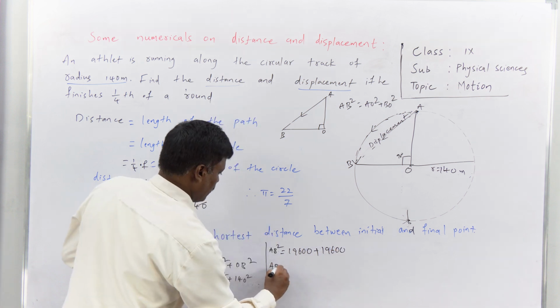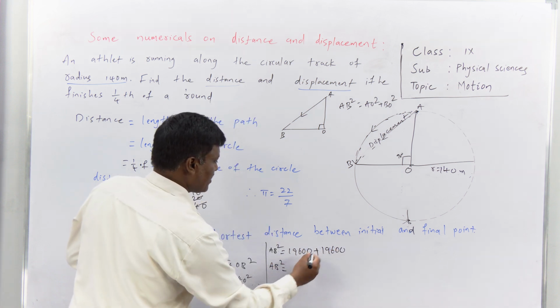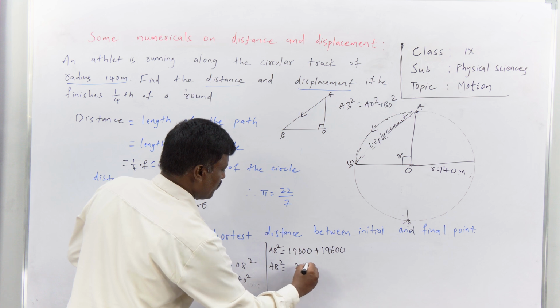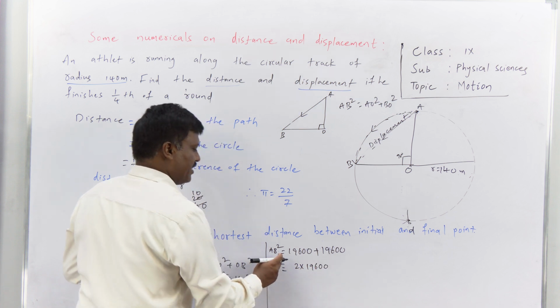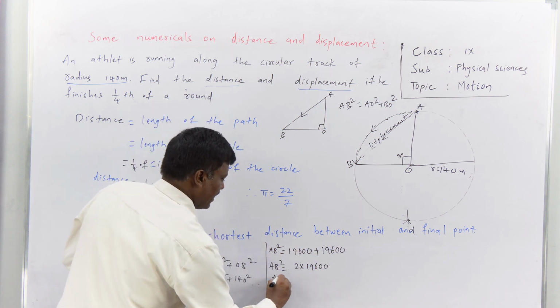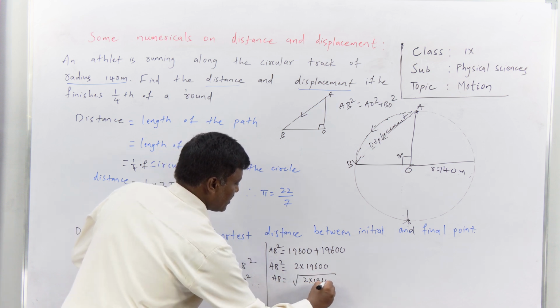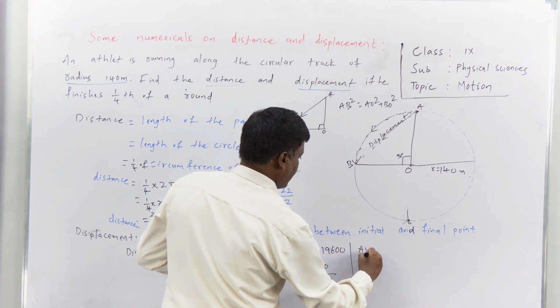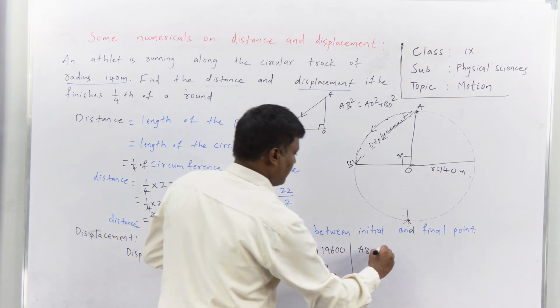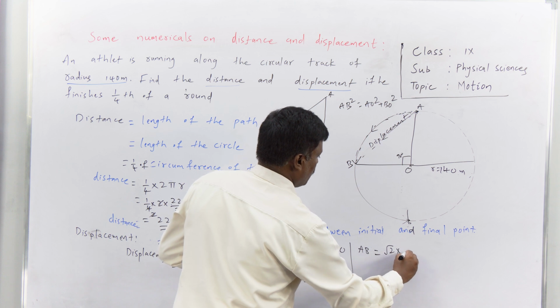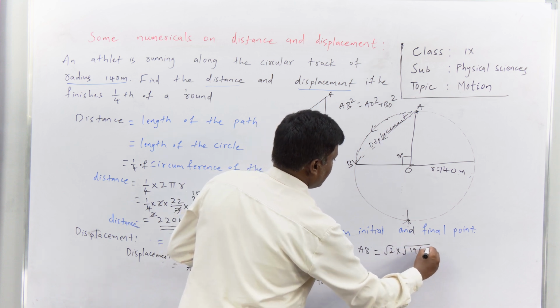Then AB square is equal to 19,600 plus 19,600, which can be written as 2 into 19,600. If you bring the square from LHS to RHS, then AB is equal to under root 2 into 19,600. This can be split into root 2 and root 19,600.